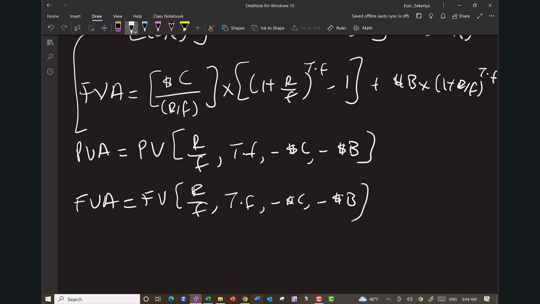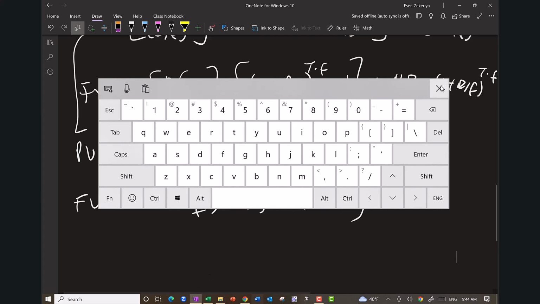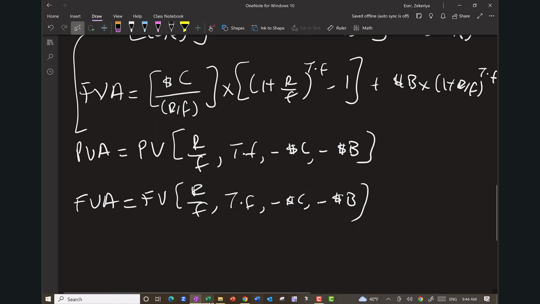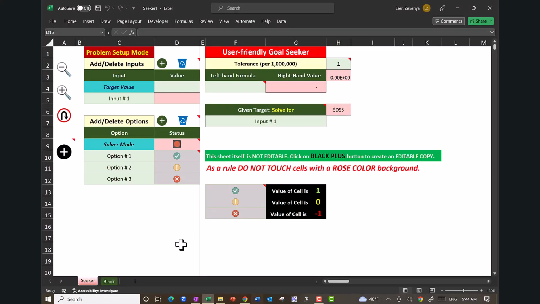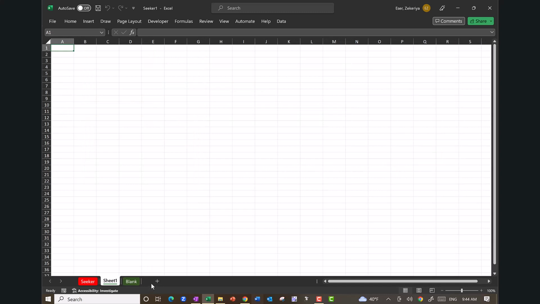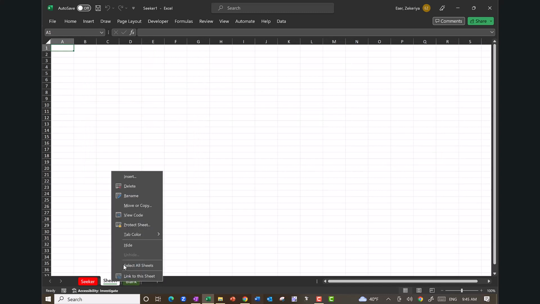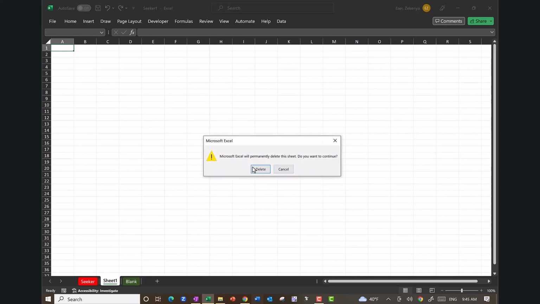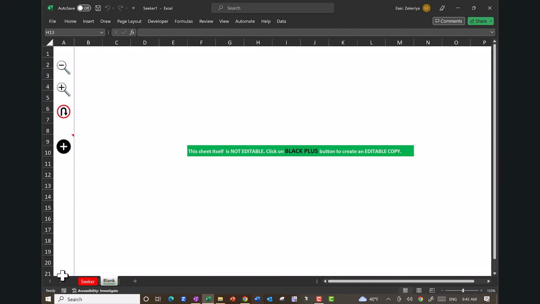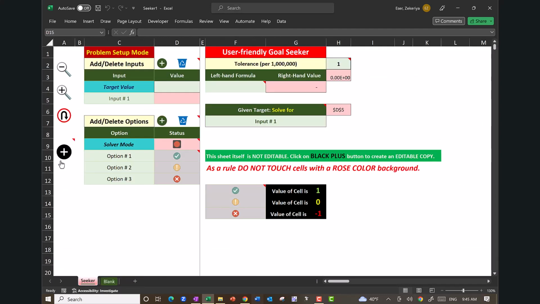Since we know the functions, we're just going to go ahead and code it. But I want to do it using our beautiful template. Of course, I'm biased. I created it, so I think it's beautiful. Oops, that's not what I wanted to do. Old habits. I actually have a button to duplicate that sheet.